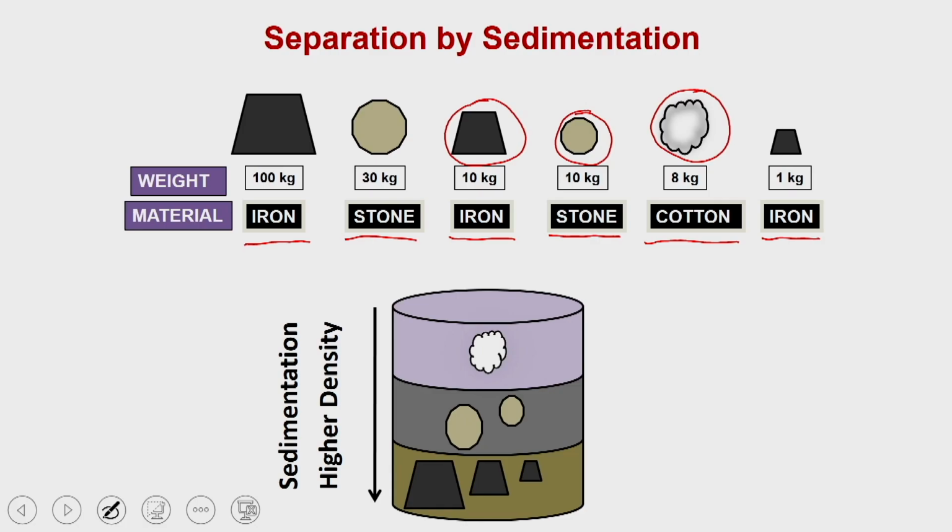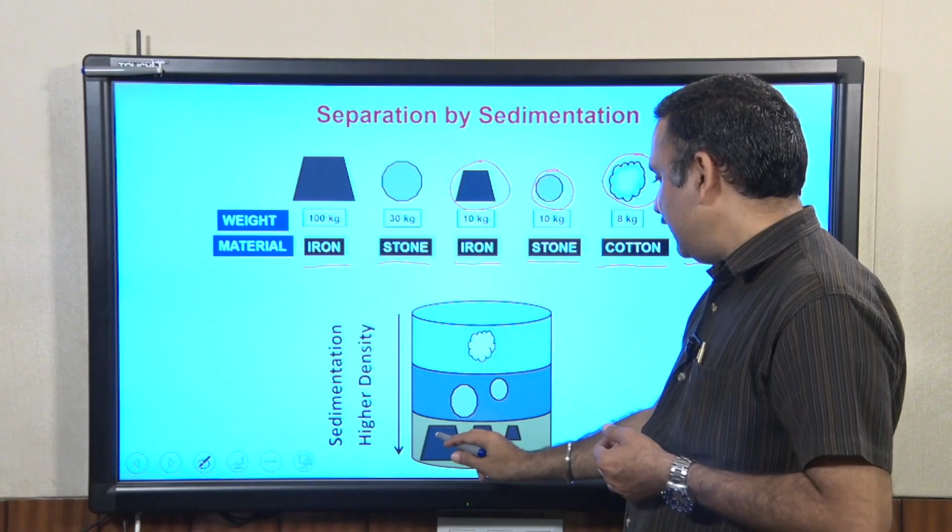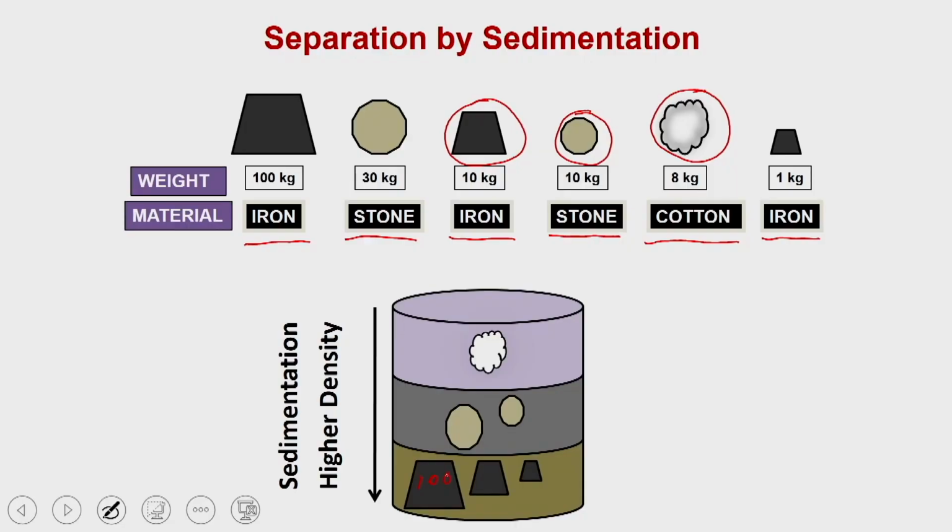If you do differential centrifugation, you will see that the 100 kg block settles down first, followed by the 10 kg iron block and then the 1 kg block. If you continue, the 30 kg stone block will be pelleted down.